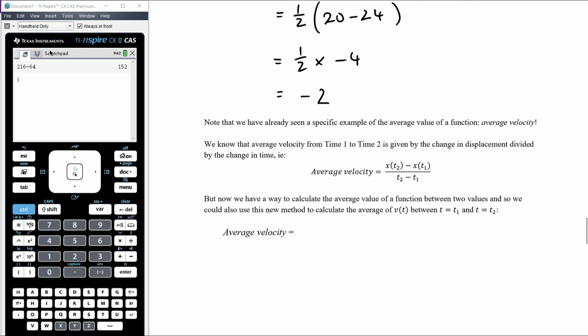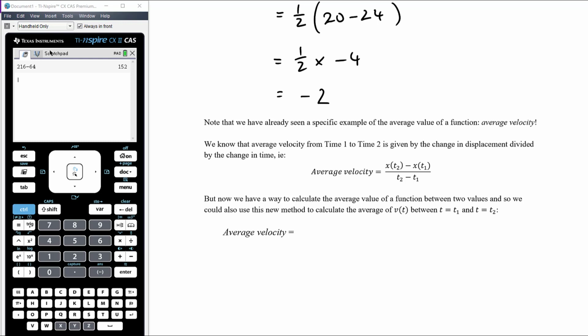We should also note that we've actually already seen a specific example of the average value of a function, and that is average velocity. So we know that average velocity from time 1 to time 2 is given by the change in the displacement, so displacement at time 2 minus displacement at time 1 over the change in the time, so time 2 minus time 1. So we know how to calculate average velocity in this way.